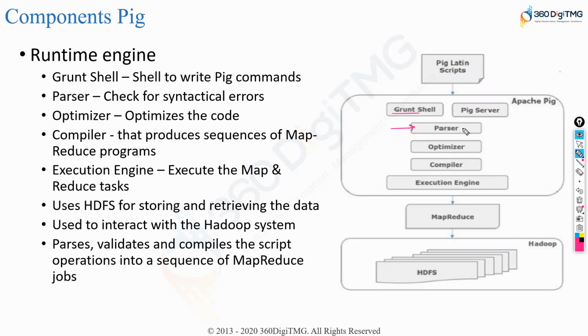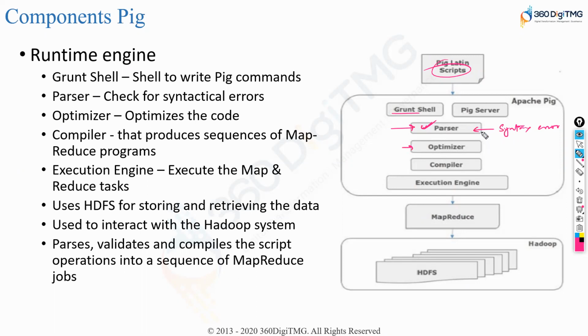Then the parser. What does the parser do? The scripts that you are writing in the Grunt shell, the parser checks for syntax errors. If you are writing the code logically correct and there are no syntax errors, then the parser passes that command. It doesn't throw any errors, but otherwise it will throw an error when you are executing them. Once the parser verifies the syntax and the flow, it goes to the optimizer.